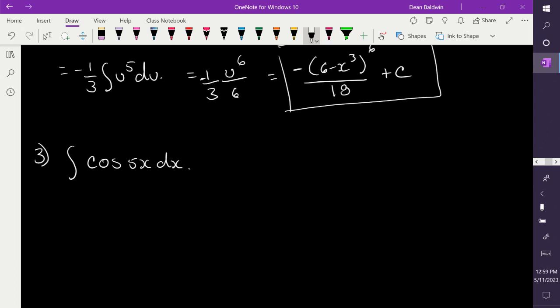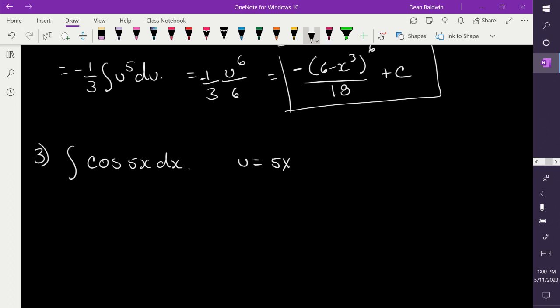Up to this point, the only integrals you've done with trig involve like the integral of cos x, right? It's never been anything with a number or another function in there, okay? So the whole goal here, because we only have one trig function, is to get rid of this. So that's going to be your u value, okay? We're going to say, all right, u is equal to 5x.